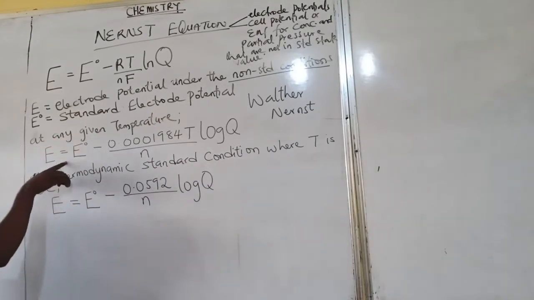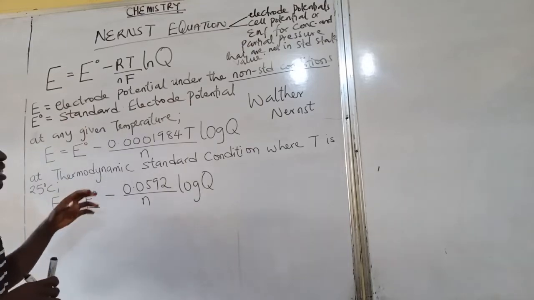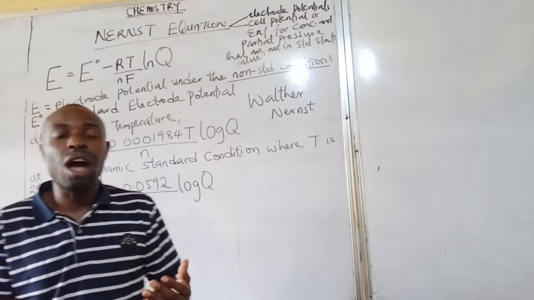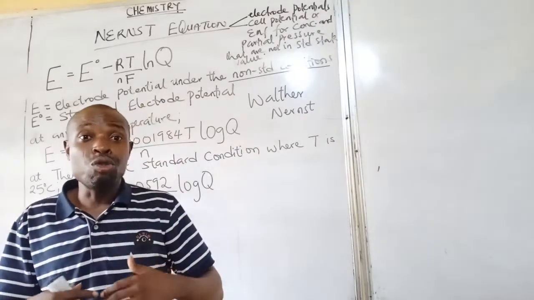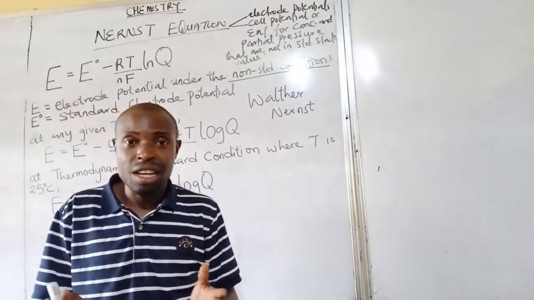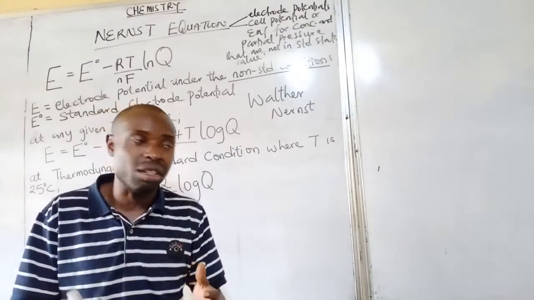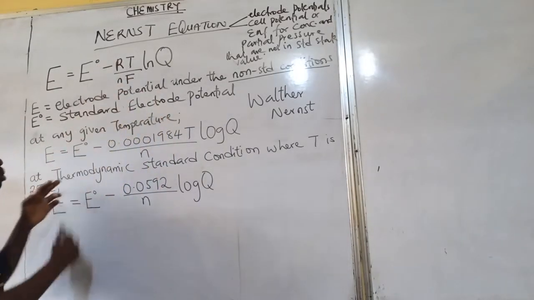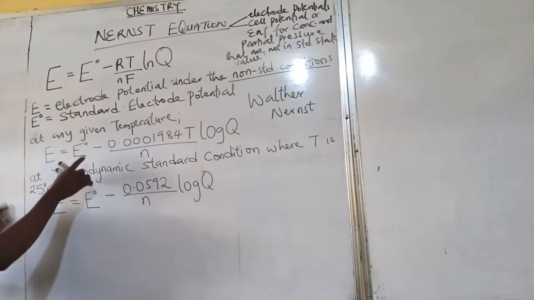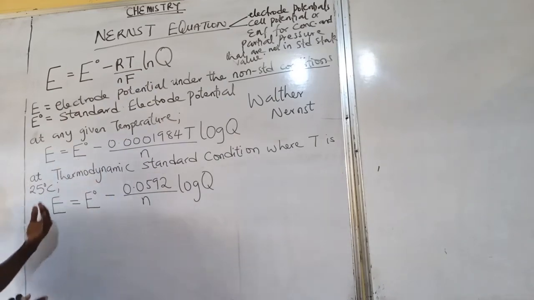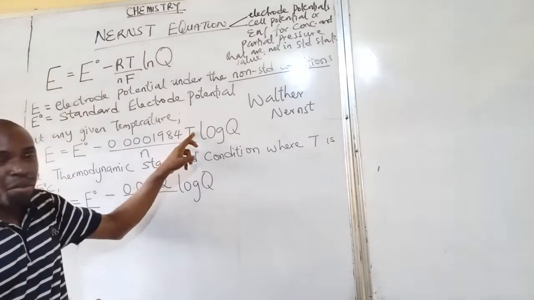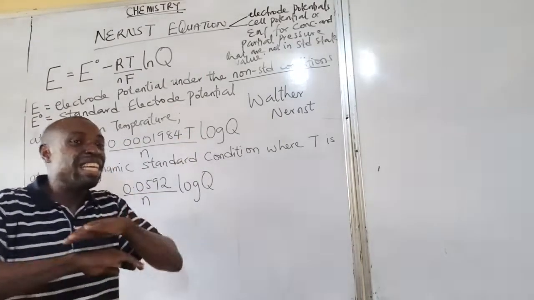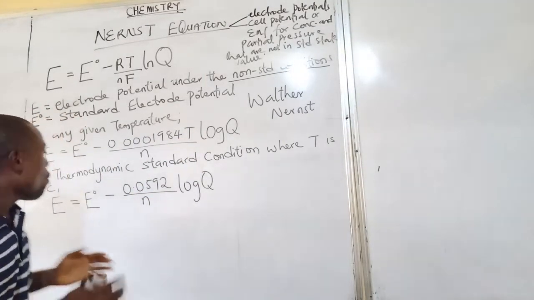Now we move swiftly to two major formulas that are used. I would have been able to tell you how to derive all these, but there's really no time for that. Basically, when you resolve all these things, you should have the Nernst equation in two forms.